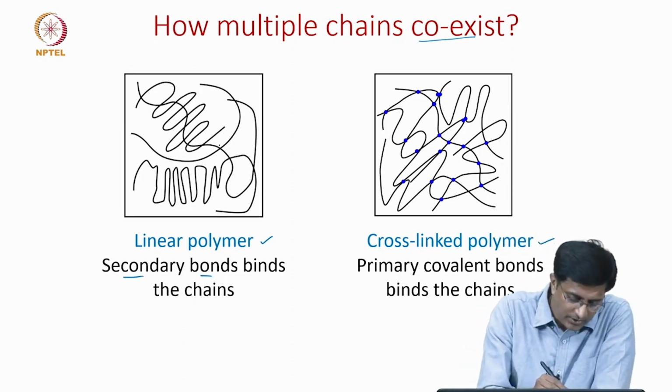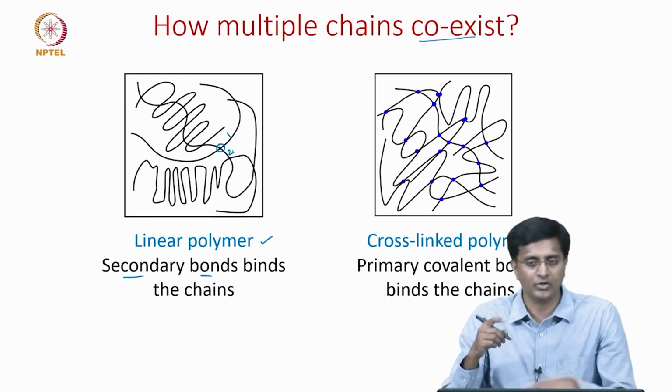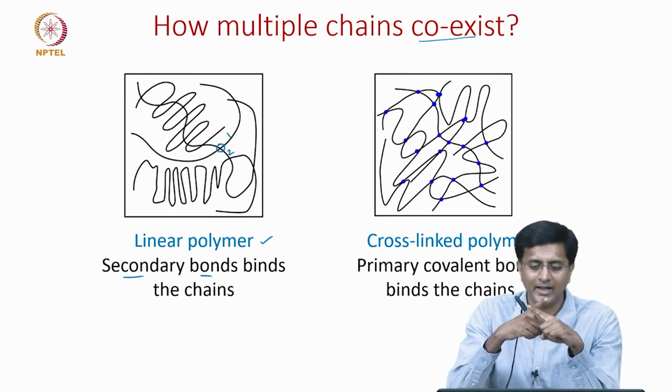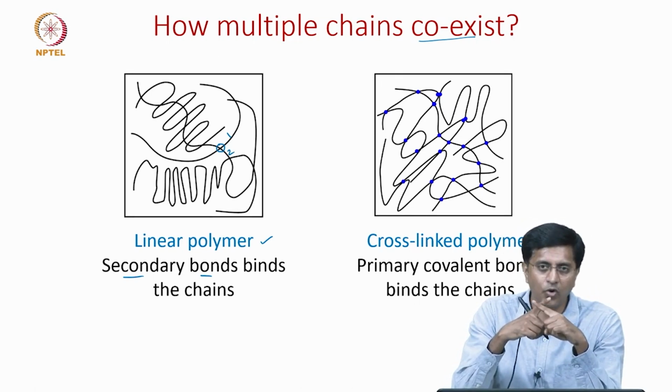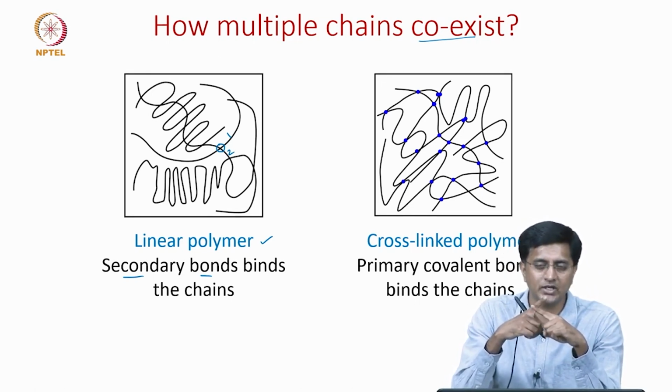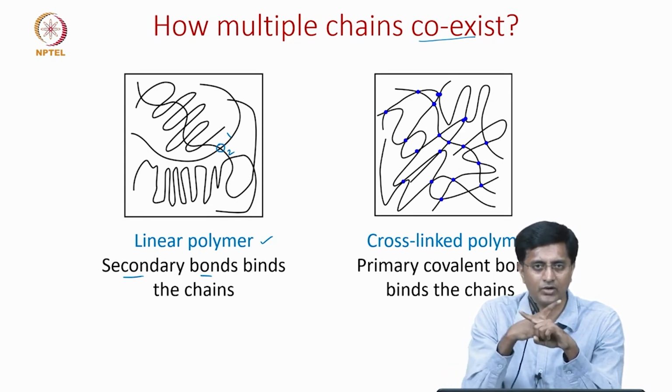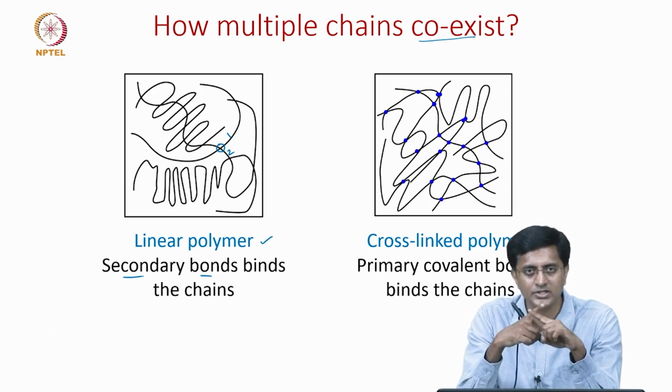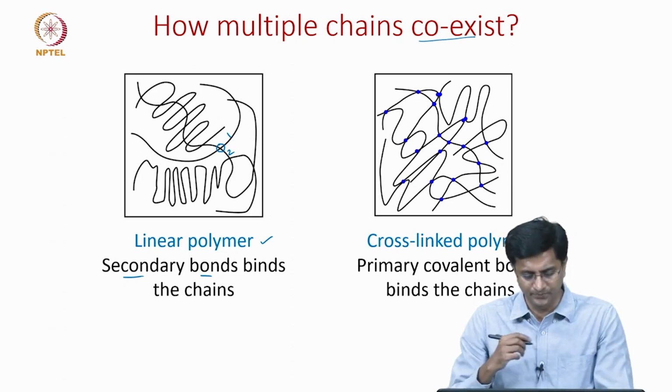If you focus here, let us say this is chain 1 and this is chain 2, they are crossing over, and at this crossover the kind of bond between them is simply a secondary bond, which is very weak, and if you supply a little energy it breaks. After it breaks, these polymers are free to move around, they are not stuck to each other.